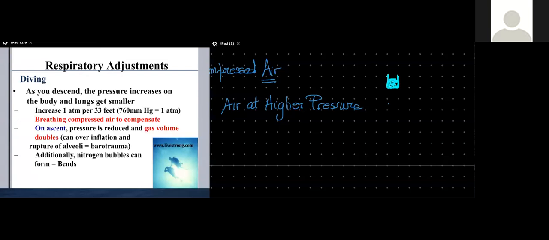What does it mean to have compressed air? It simply means you increased the amount of air and kept it at the same volume. Remember, gases have neither a definitive shape nor a definitive volume. They have a volume determined according to the pressure.